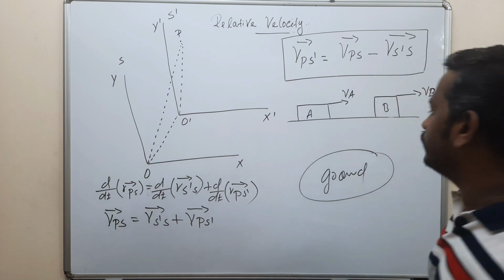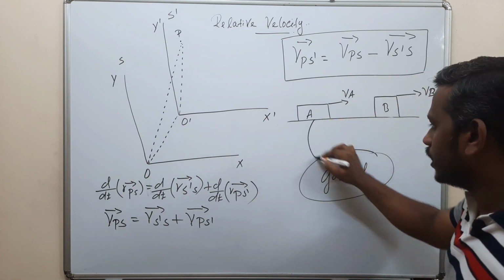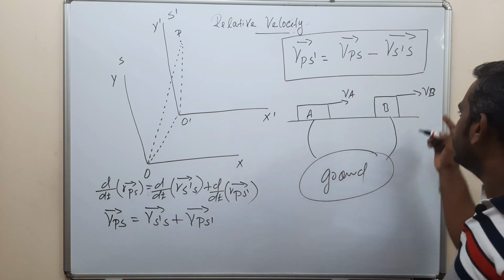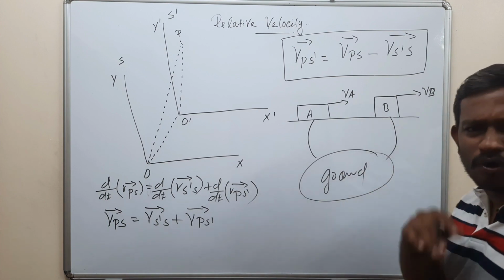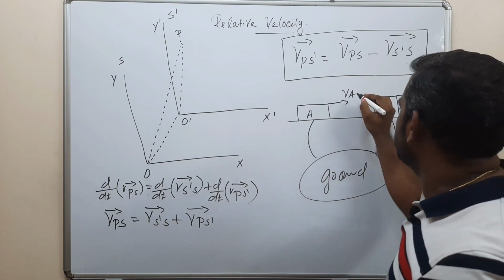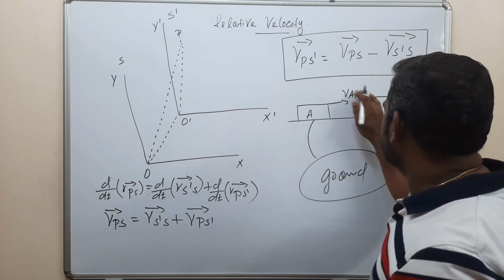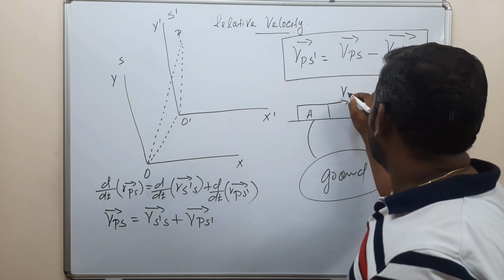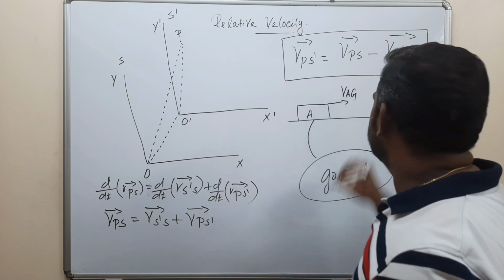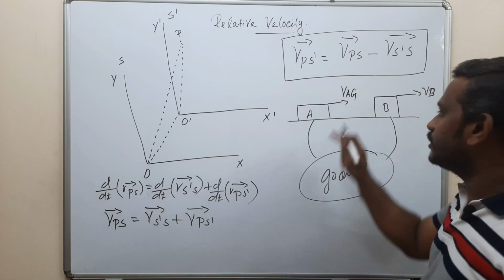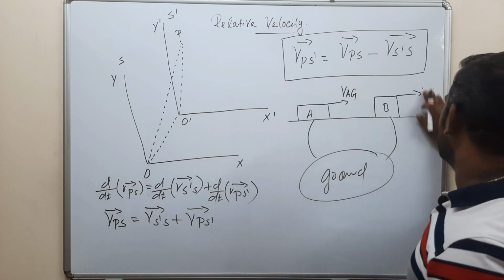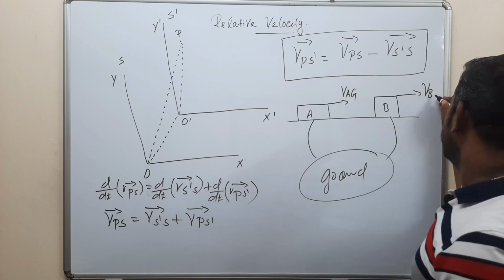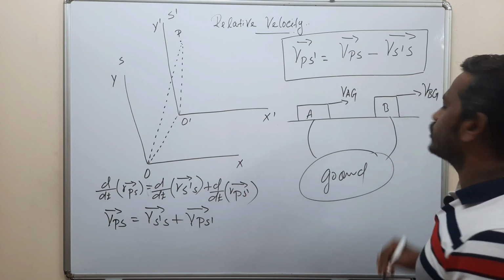More accurately, v_AG is the velocity of A with respect to ground, and v_BG is the velocity of B with respect to the common ground.